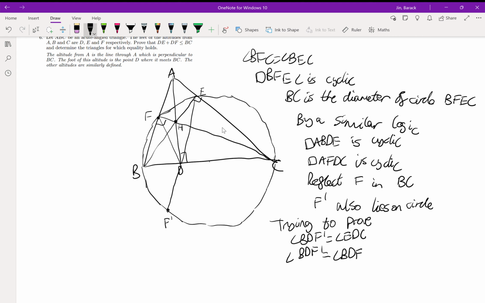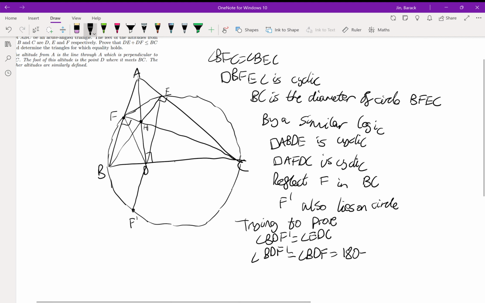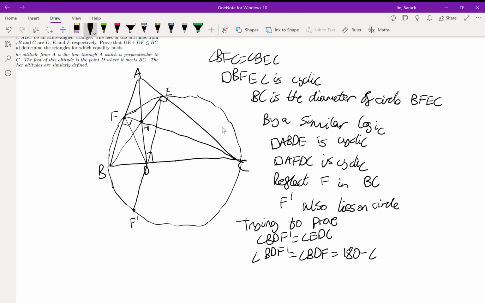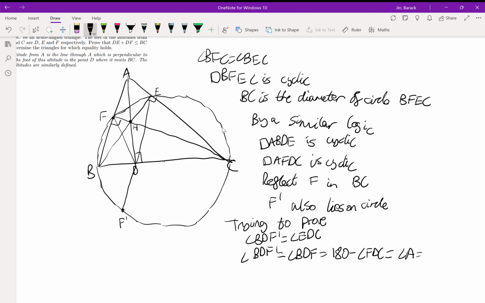And this is equal to 180 minus angle FDC. But if we remember that AFDC is cyclic, then 180 minus angle FDC is angle A. And this also equals 180 minus angle BDE, remember?